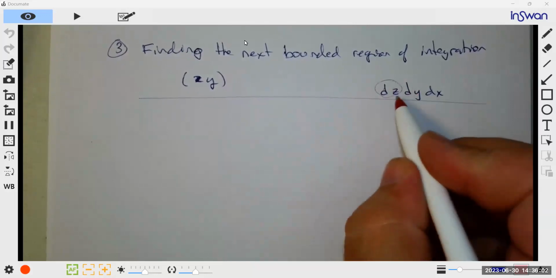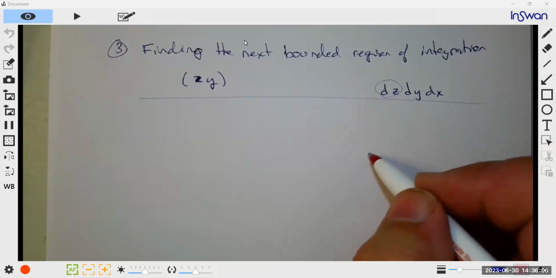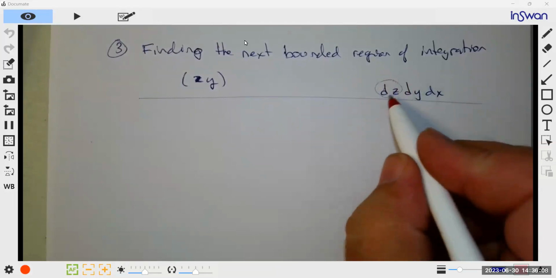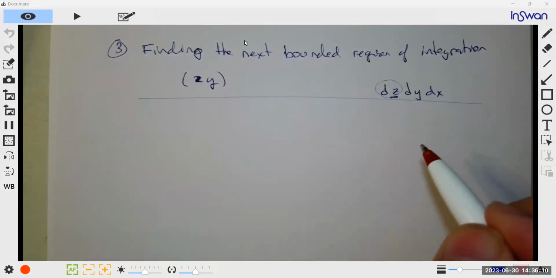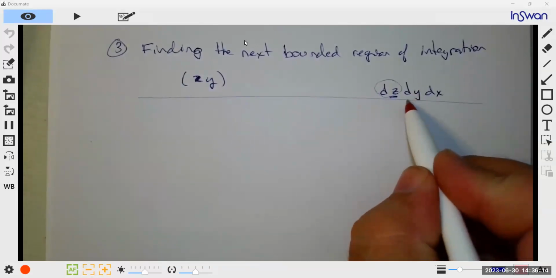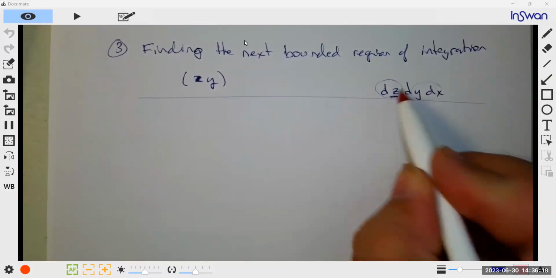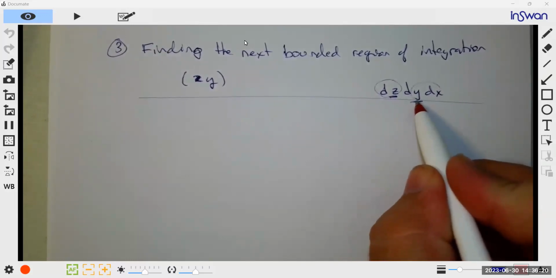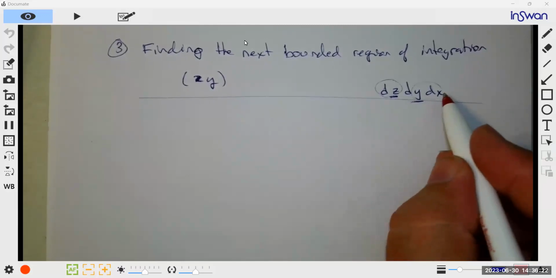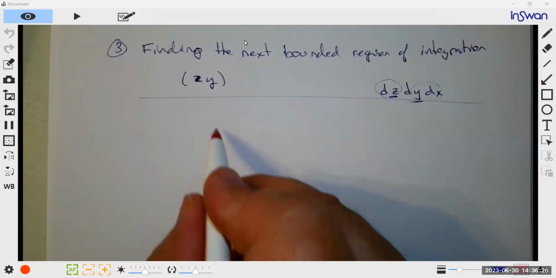So again, to recap, to find dz, pick a point in R, make a vertical line parallel to the Z-axis. So now we take a point in XY parallel to this one. Now, for the y, we'll take a line that's parallel to the y-axis starting from x.